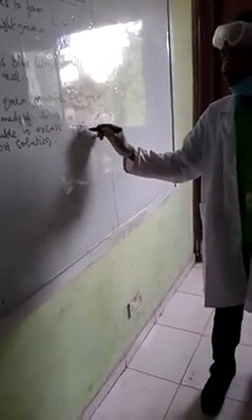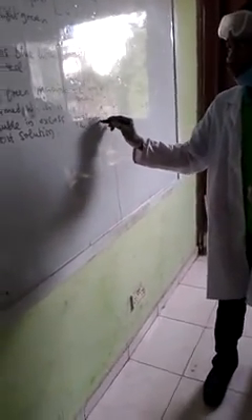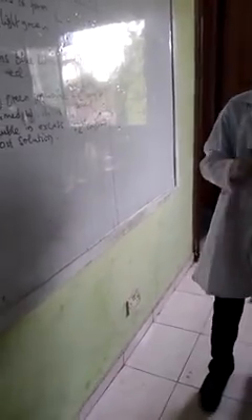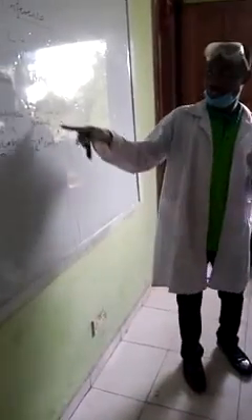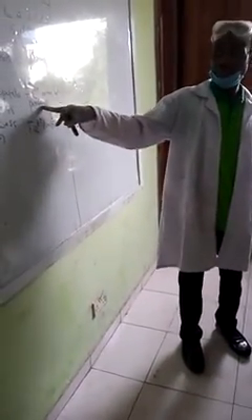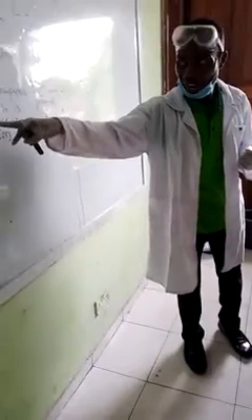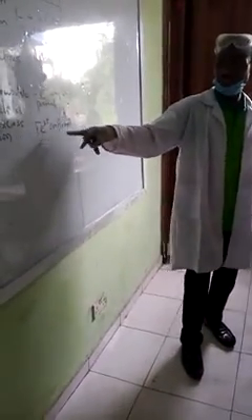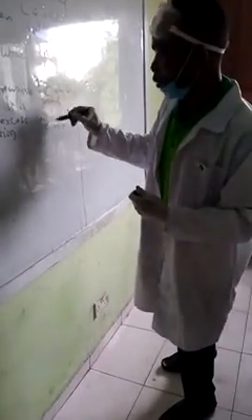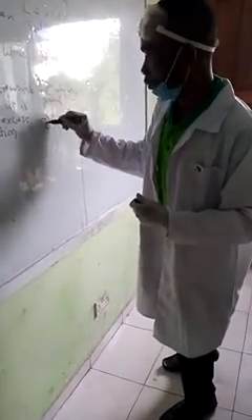Iron 2 ion confirmed. So you can write iron 2 ion may be present when added in drops, then when you add in excess and it is insoluble, iron 2 ion confirmed.